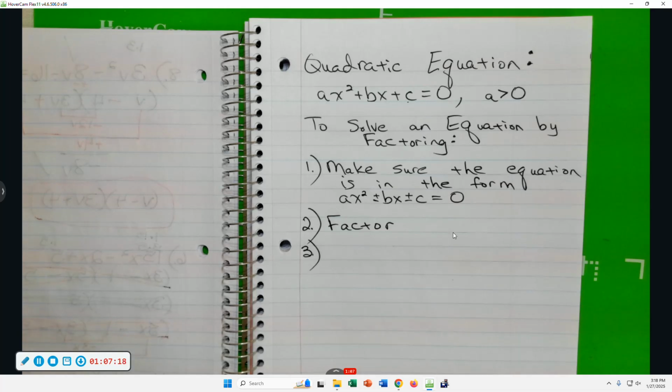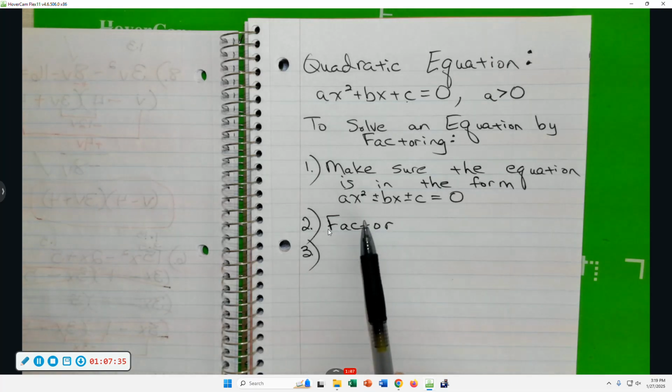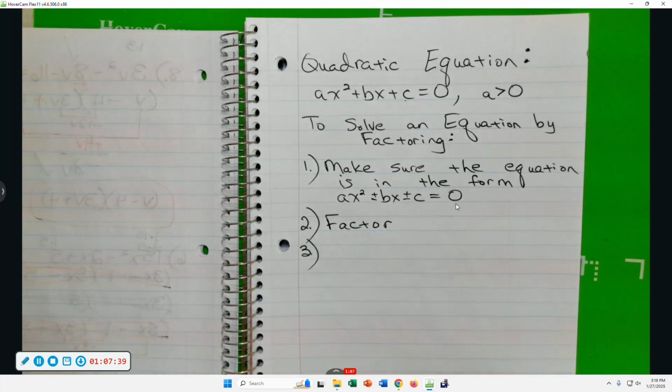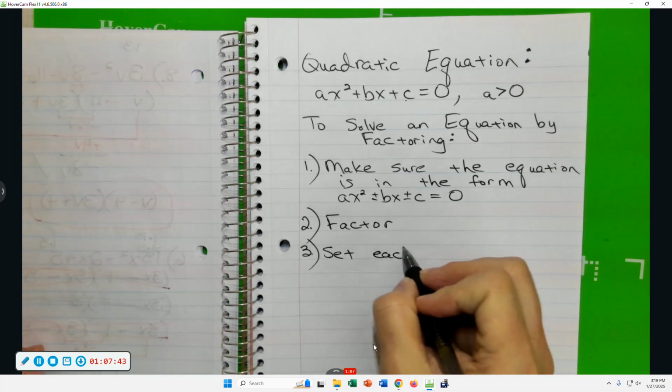The only way a product can equal 0 is if one or both of the factors are 0. What times 7 is equal to 0? There's only one number that you can multiply 7 by to give you 0. What is it? 0. So once you have it in factored form on one side equaling 0 on the other side, set each factor equal to 0.